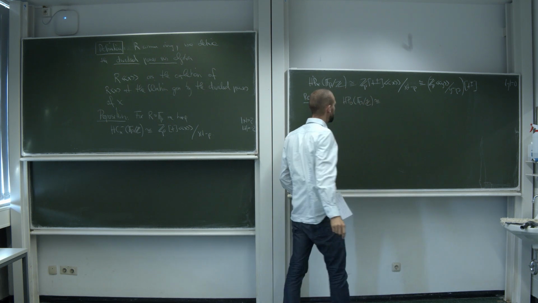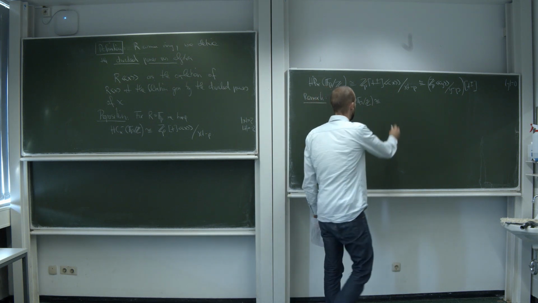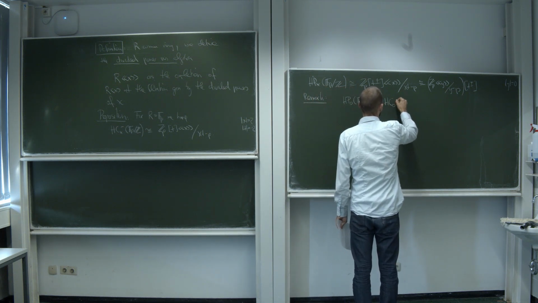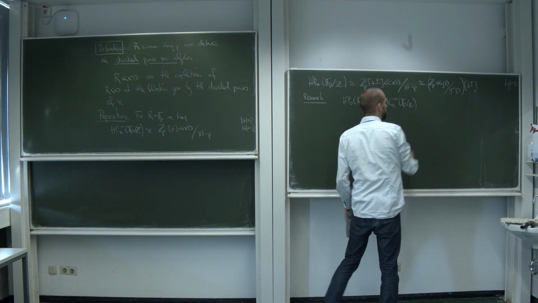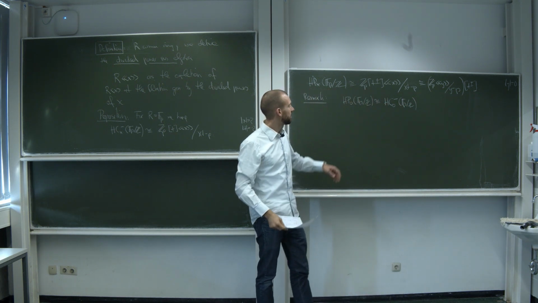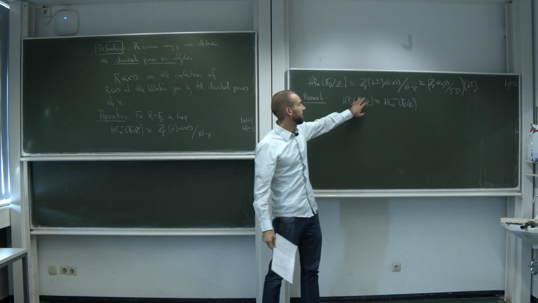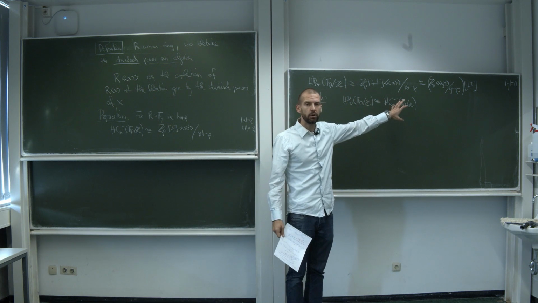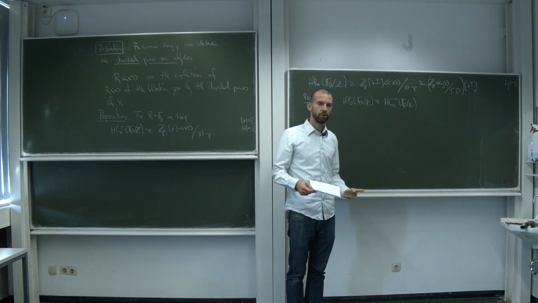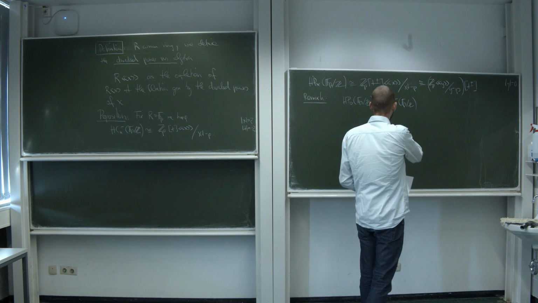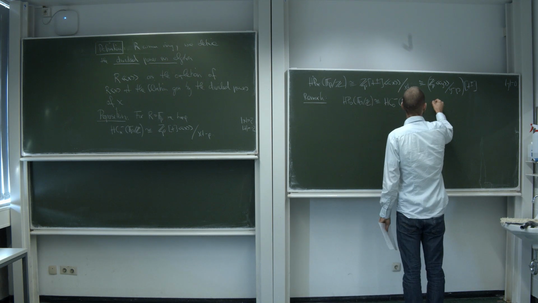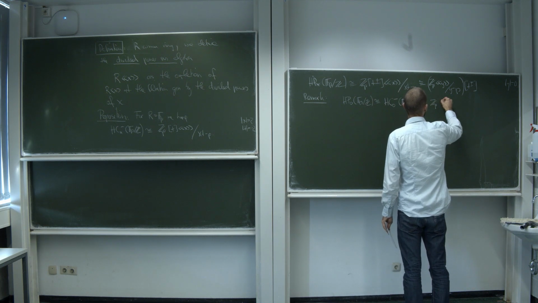In general, HP_0 is isomorphic to HC_0 minus. That immediately follows from the definition, that periodic and negative cyclic homology agree in all non-positive degrees, just by the definition of inverting that element T. And so we see that these are isomorphic, and that, as I said over there, is this ring.